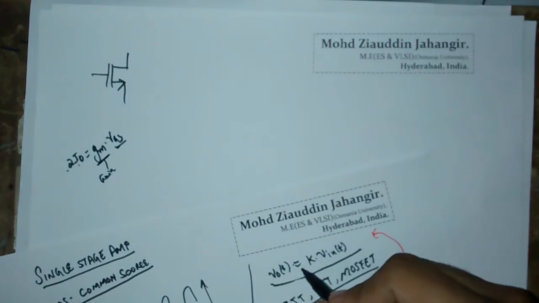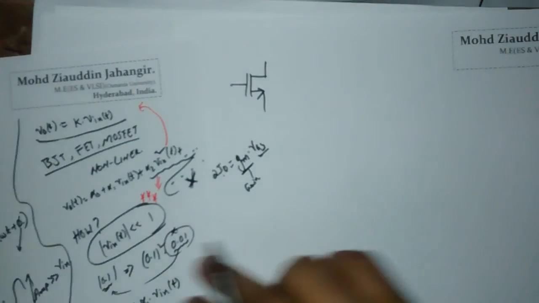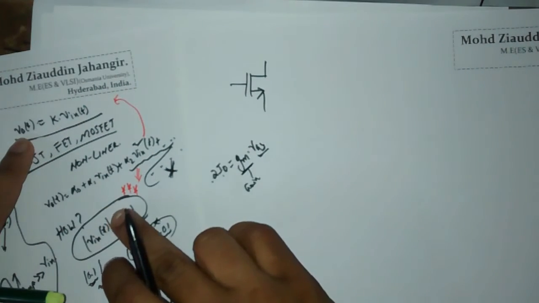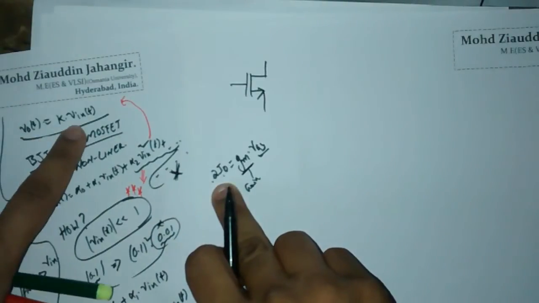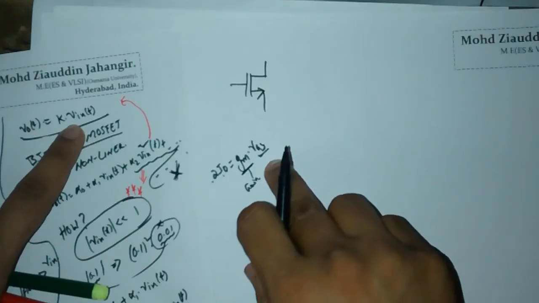Okay, this equation is similar to this equation. Okay, Vo(t) is K into Vin(t), but the only difference is, here we were talking about Vo, whereas here we have ID. And here we were talking about input voltage, and here we have VGS.